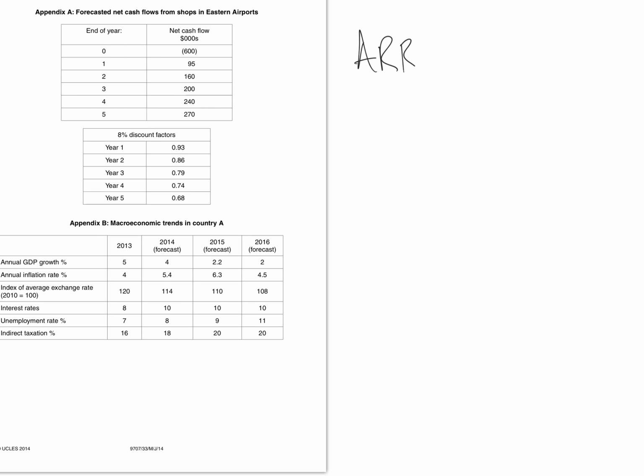ARR, as we all know, is also accounting rate of return or average rate of return. The way to calculate this is actually very simple. All you need to do is do 3-4 things, right? So the first step is to add all the cash flows.